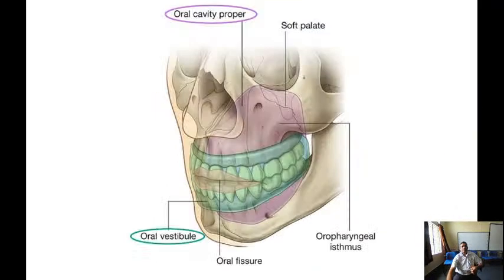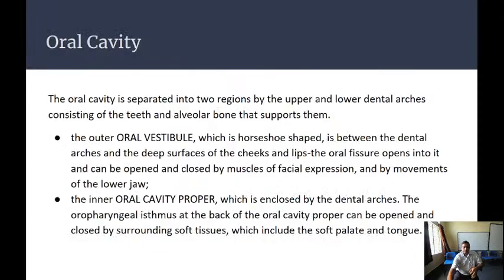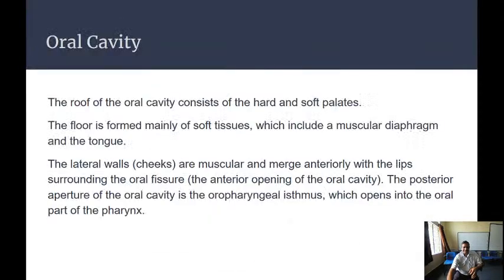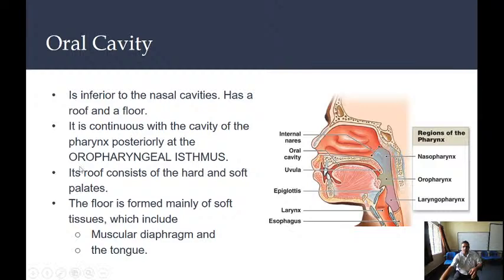Then the oral cavity proper is once again divided into two regions. Let me show you this. The one is called the vestibule.